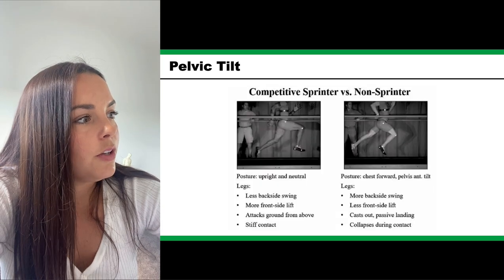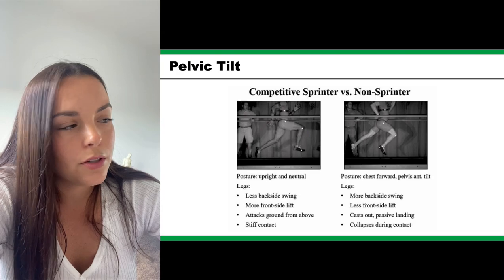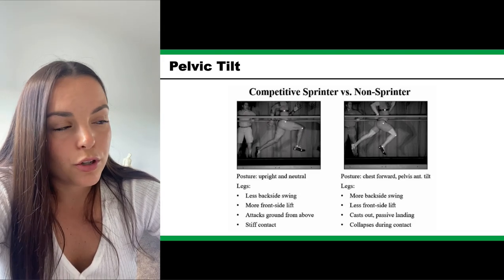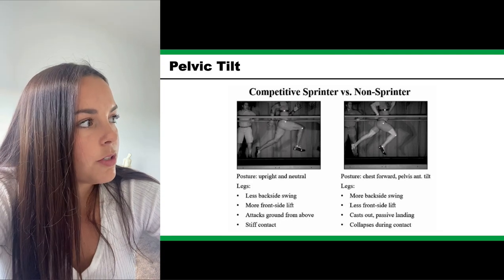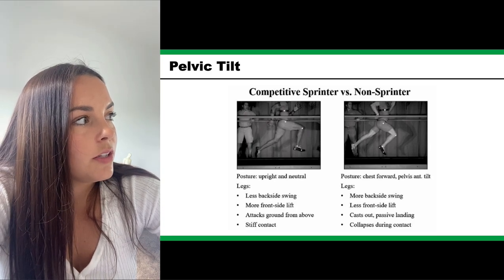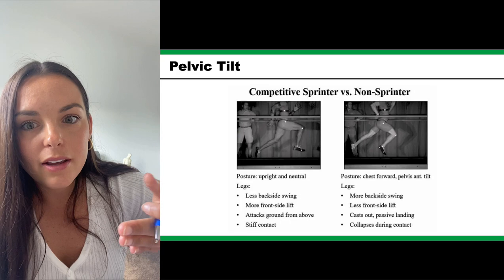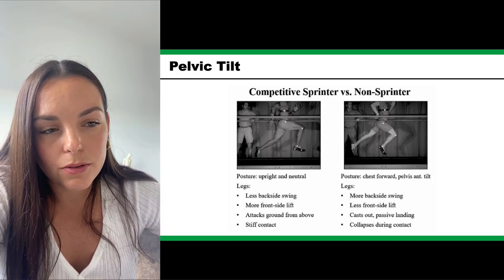You can see in this analysis the differences between the 2 runners. With the Olympic sprinter, the posture is more upright with that neutral pelvis, whereas with the non-sprinter or team sport athlete, the chest is more forwards. You can see that banana shape in the back, which is the typical presentation of that anterior tilt of the pelvis.